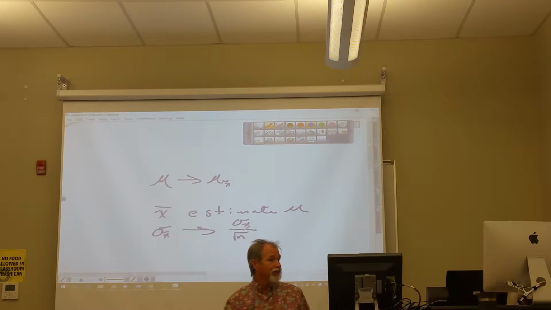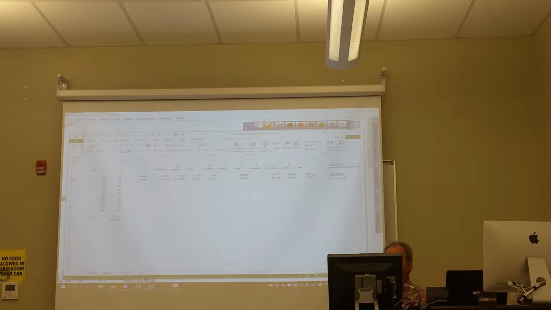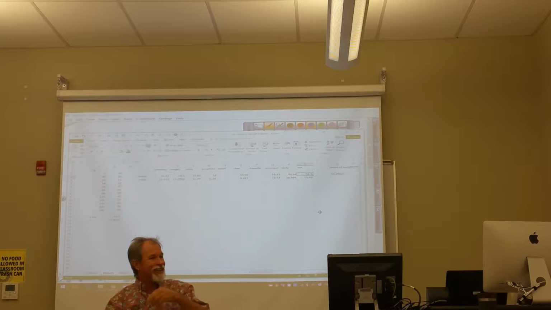Okay? So when I look at this, I'm going to go back, and if I just look at my sample real quick, my sample said that the mean was 51.5. So that is sort of what we're looking at. So that would be my estimate of the population.